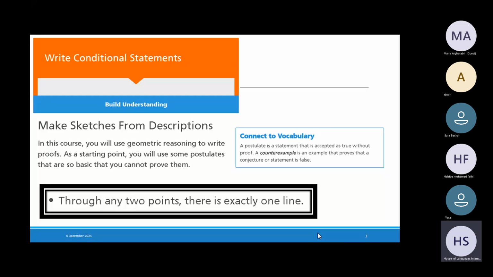If you have 2 points, through them you have exactly one line. This is a postulate. This is a statement, it's correct, it's accepted without proof. No need to prove it.